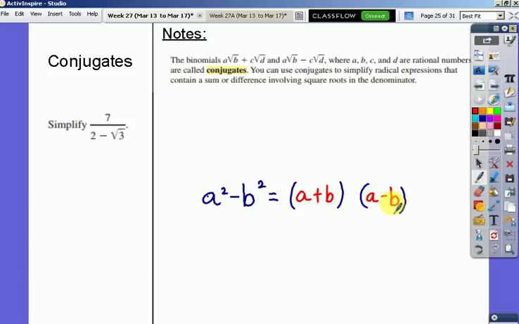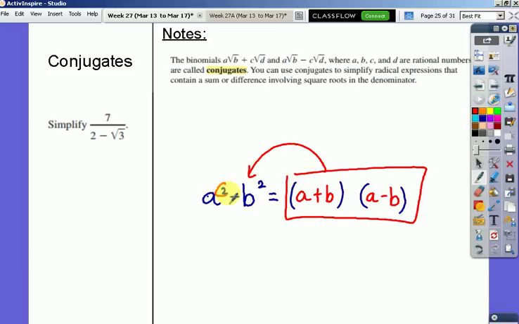So what we're trying to do is form this here so that we get this, and these squares get rid of our square roots. I know that's a little confusing, but when I multiply by the conjugate here, I'm multiplying by 2 plus root 3 in the denominator and 2 plus root 3 in the numerator.